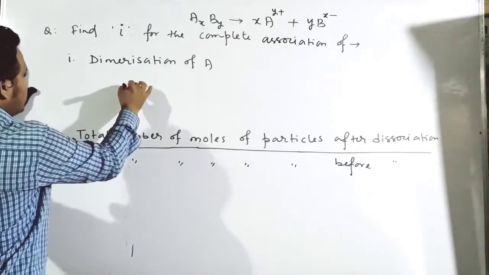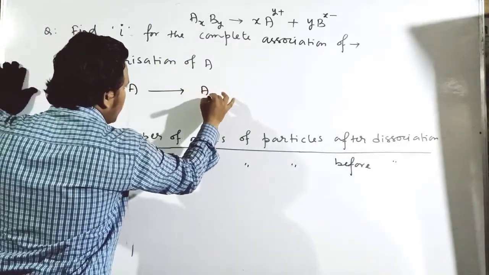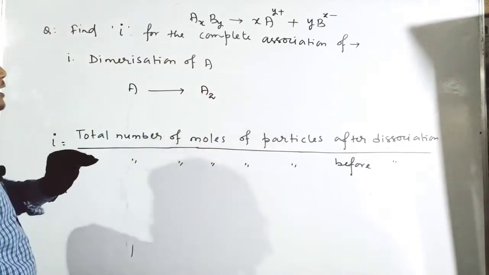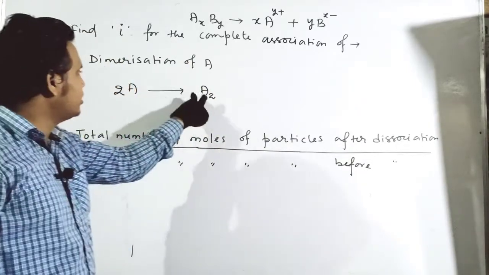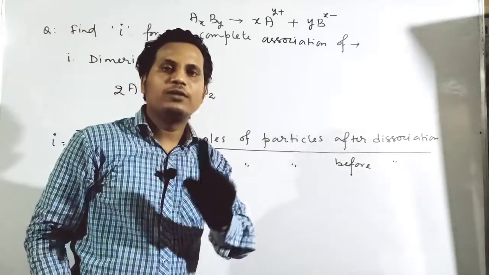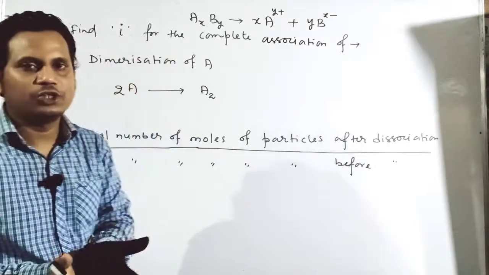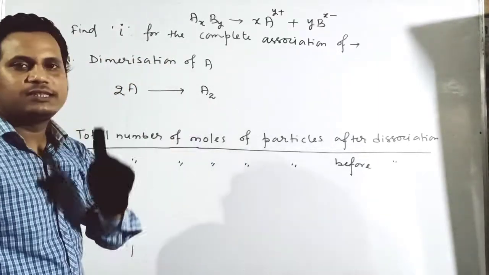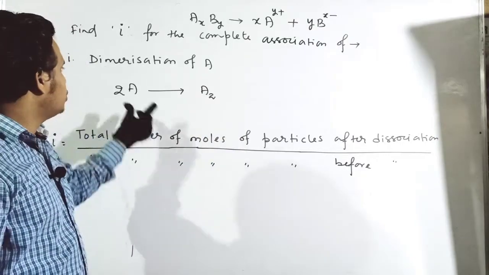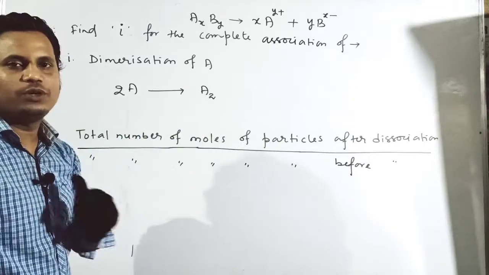Dimerization means it is combined to form a molecule of A2 type. So 2 times A join together to form one molecule of A2. This is dimerization. Means 2 combine to form a single molecule.